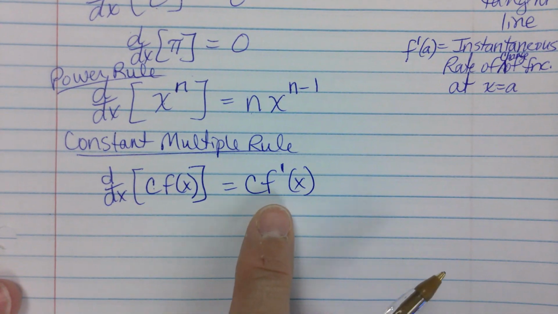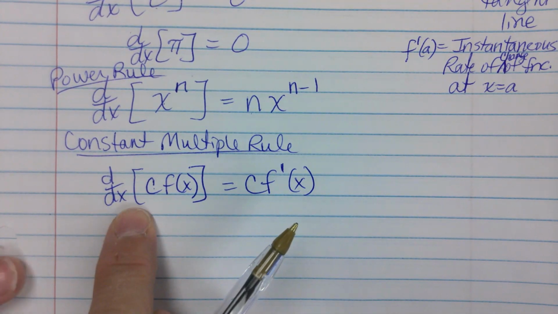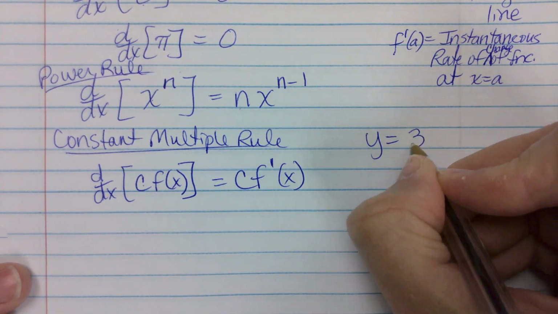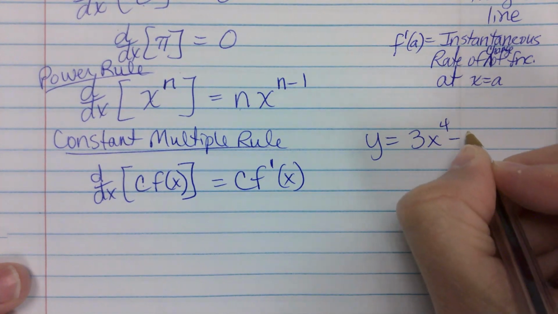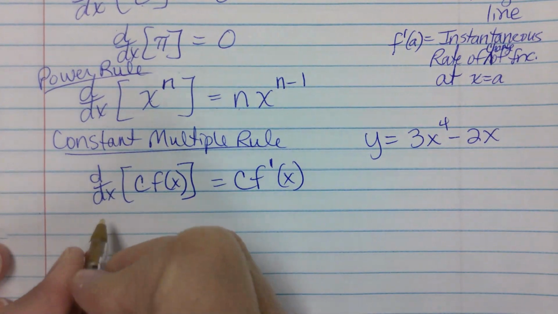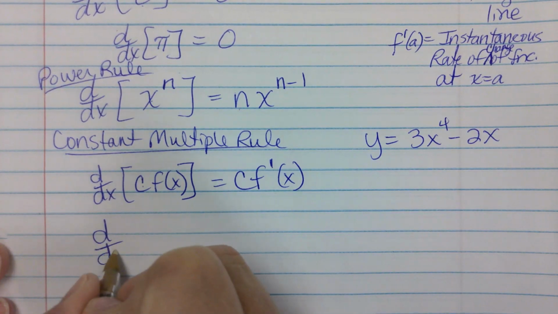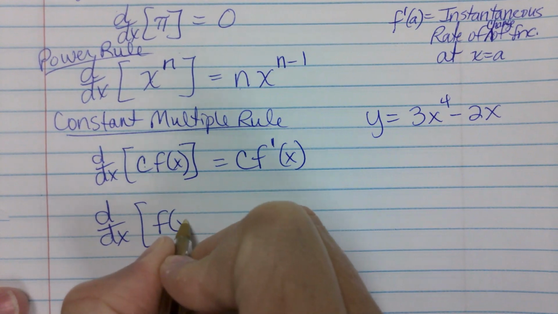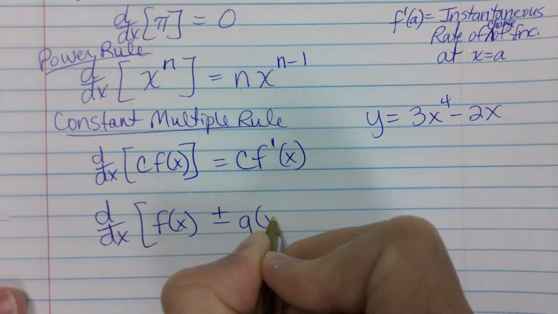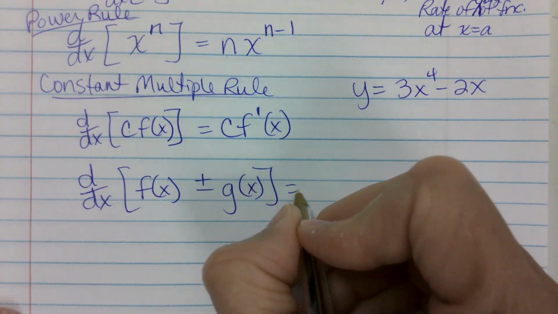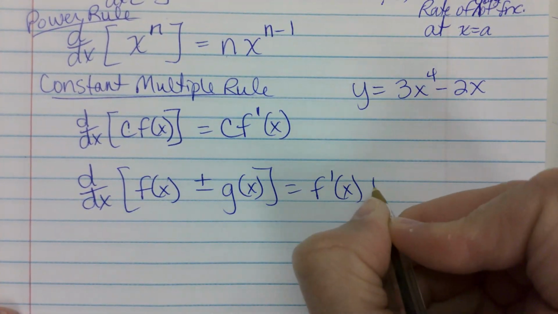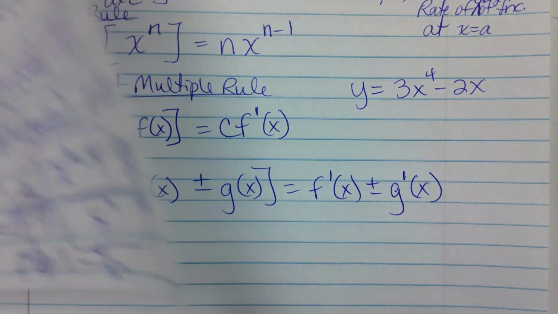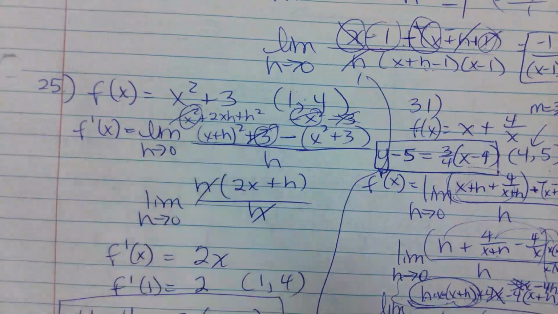That's called the constant multiple rule. Well, you will use it, but it will be kind of second nature, okay? If we have addition or subtraction, we just simply add or subtract all the derivatives. And that was kind of understood in what we just did here.